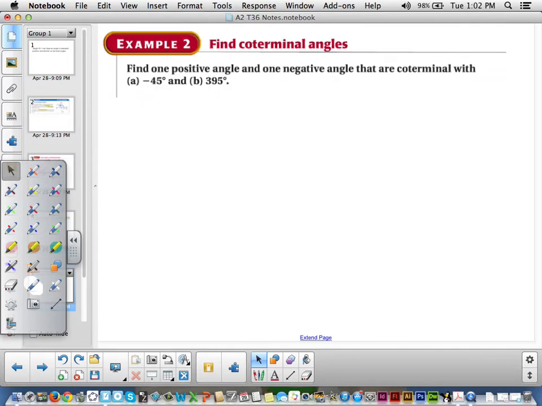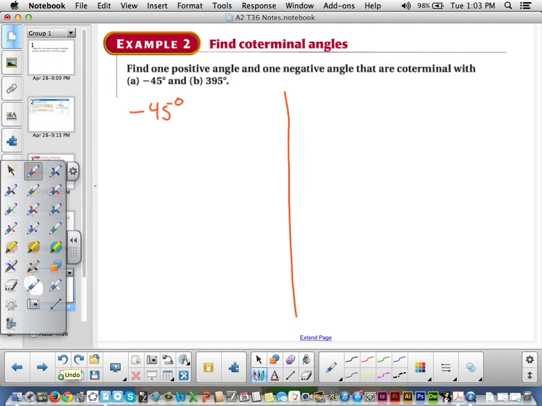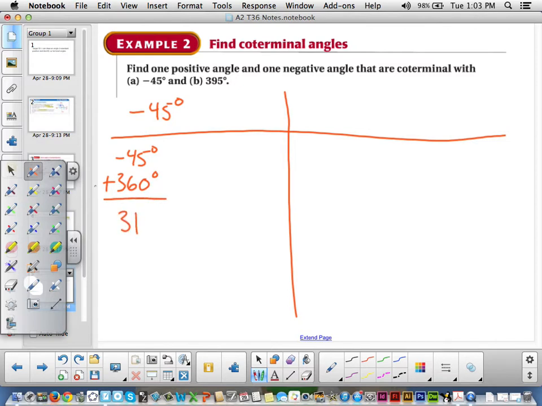All right, so find one positive and one negative angle that are coterminal with the two given angles. Let's do negative 45 degrees first. We want two coterminal angles, one that's positive and one that's negative. If we take the negative 45 degrees and add 360, we get 315 degrees.